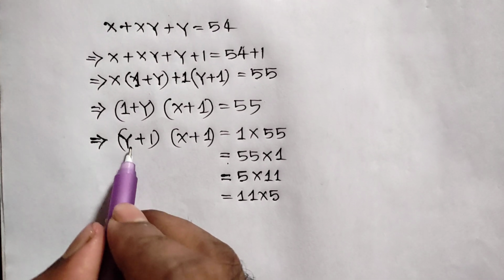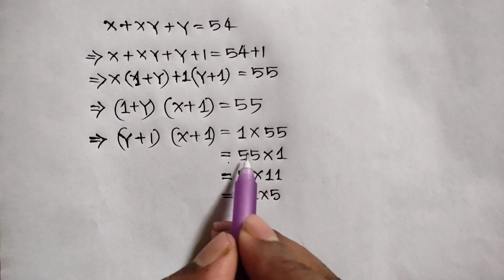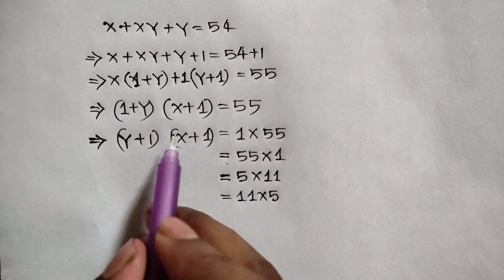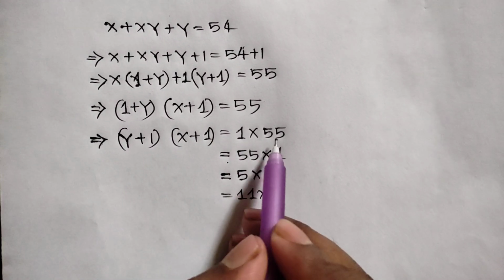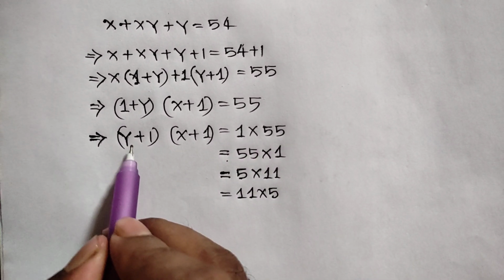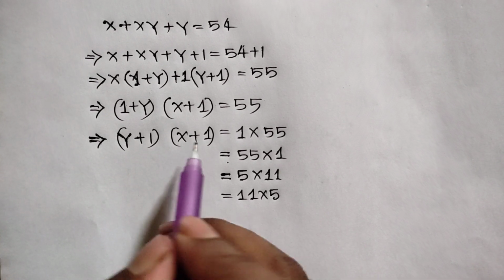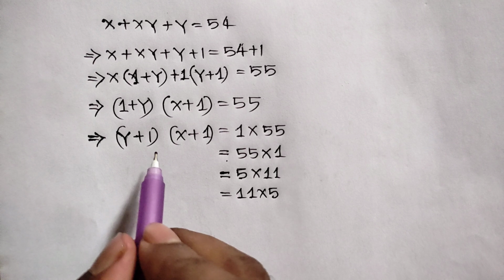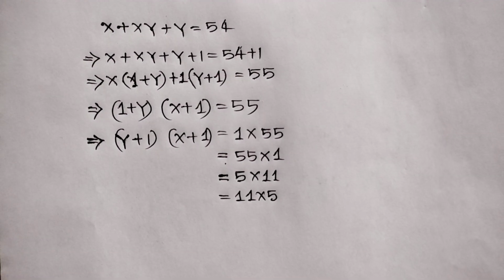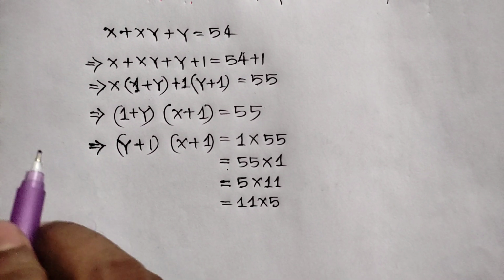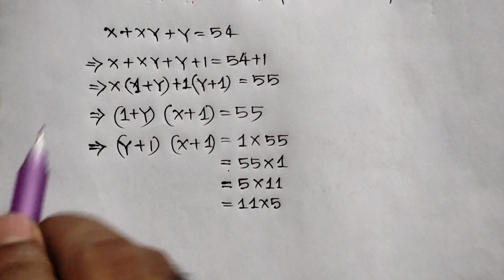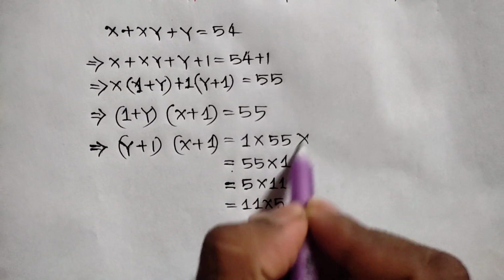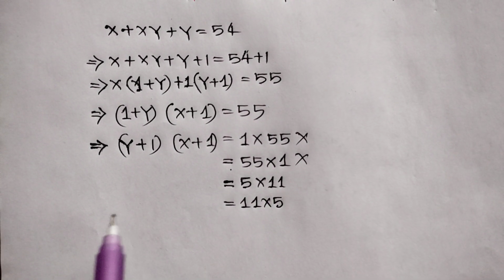So y plus 1 may be 1 or x plus 1 may be 55, but x and y both are positive integers, so x plus 1 and y plus 1 must be greater than 1. So those cases are cancelled out.